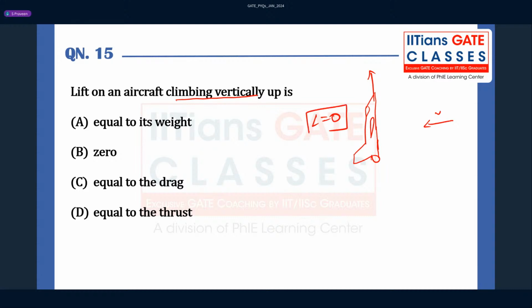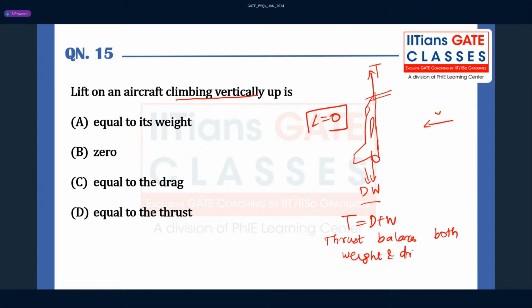As the aircraft goes up, your weight is in this direction, and your drag is also in this direction, right? Which means the thrust produced by the engine balances both the weight and the drag. So I just write: thrust balances both weight and the drag of the aircraft.